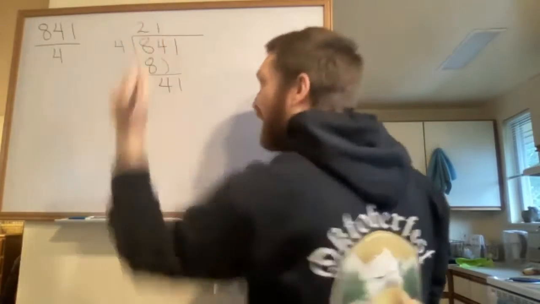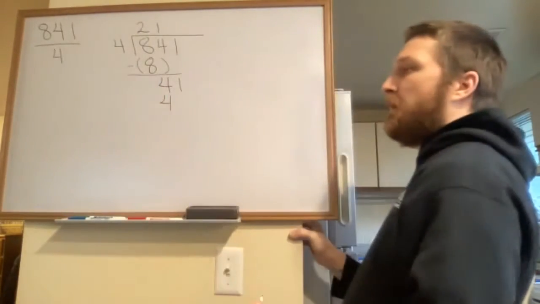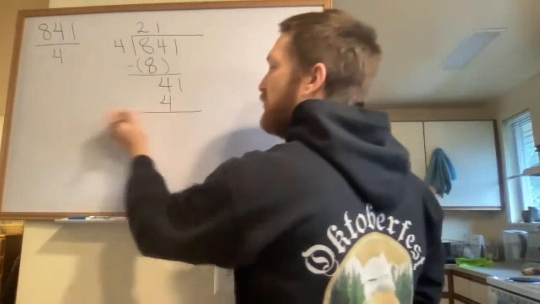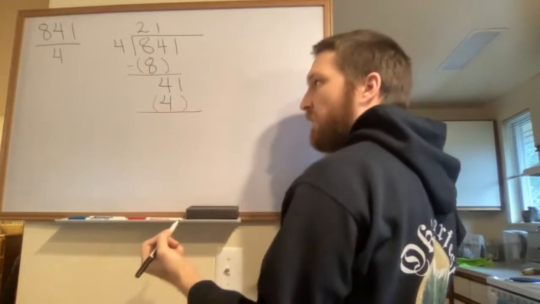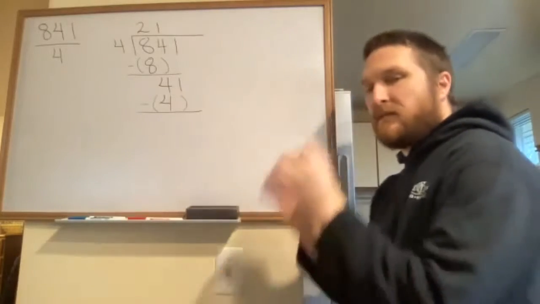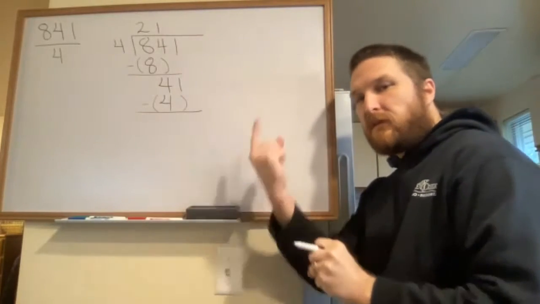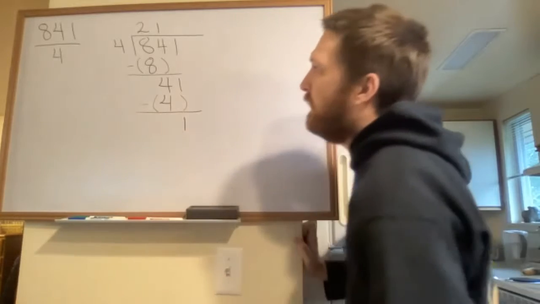So I go 1 times 4 is 4. I put that down there. Now I'm going to take whatever number that is, parentheses, subtract it off. I get 4 minus 4 is 0. The 1 drops down, and I'm left with a 1.